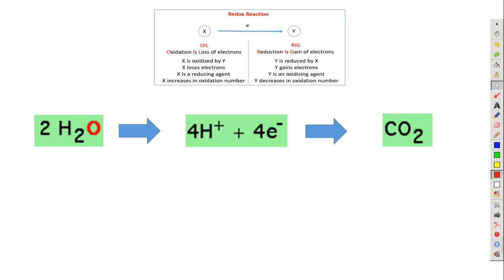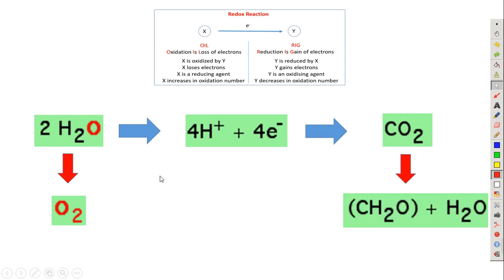So they went to transfer. Water was happy to give electrons and protons to CO2, and CO2 was happy to gain these electrons. In the process, the water becomes dioxygen and the CO2 becomes CH2O plus H2O. So this is the first thing. Water gives electrons to CO2.